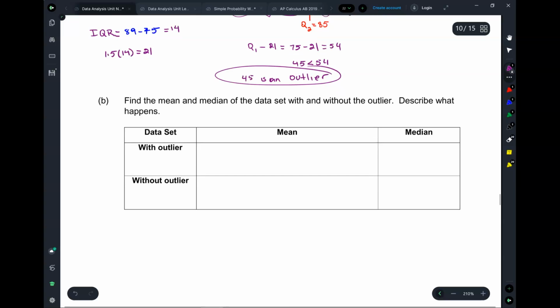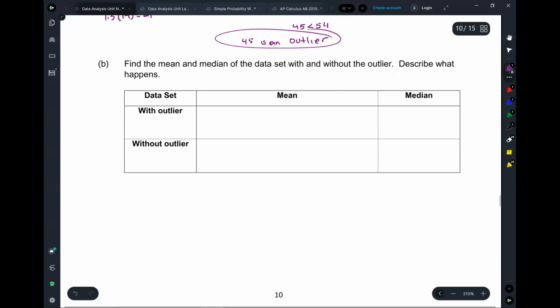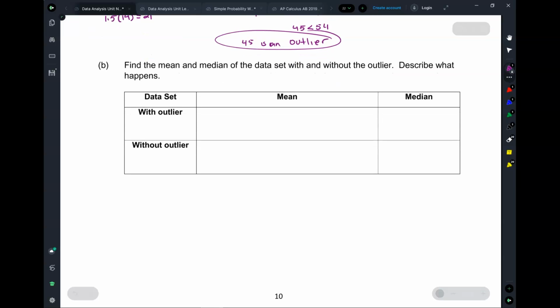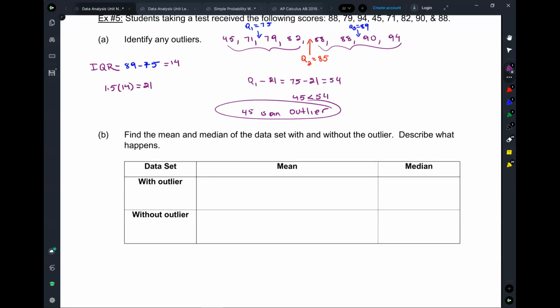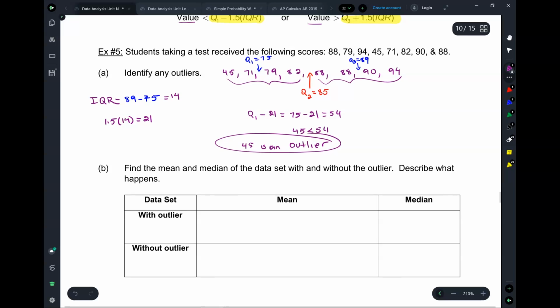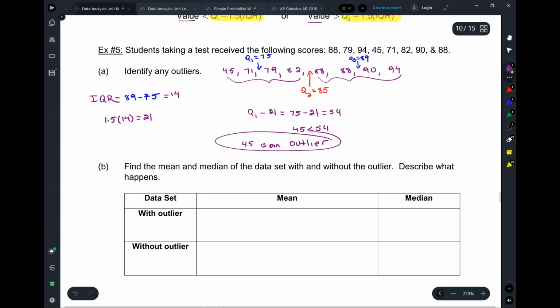So let's go here. Find the median and mean of the data set with and without the outlier. So with the outlier, this is 45 plus 71, 79, 82, 88, 88, 90, 94, all divided by 8.